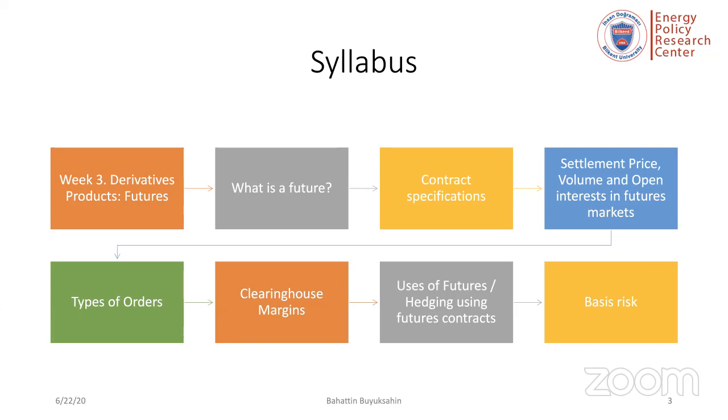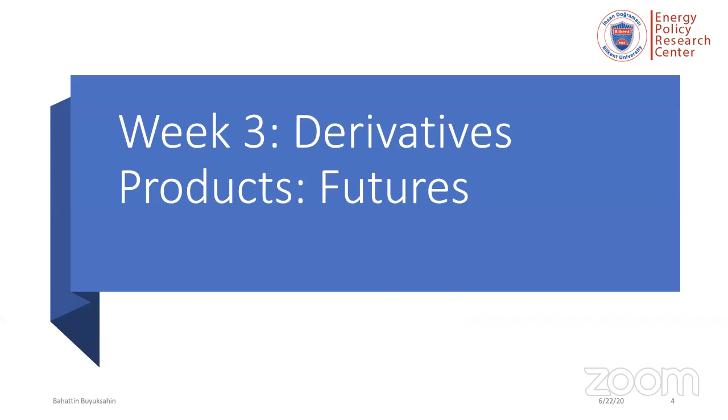We will discuss types of orders, the clearinghouse, and margins, and then how we can use futures for speculation or hedging purposes. And after I talk a little bit about basis, I'm going to finish with advantages and disadvantages of futures contracts.